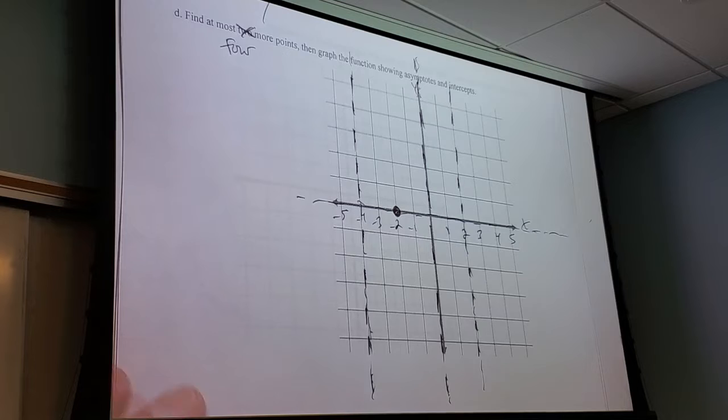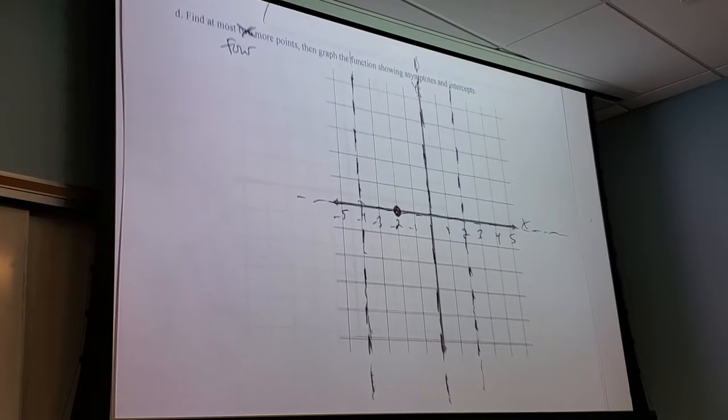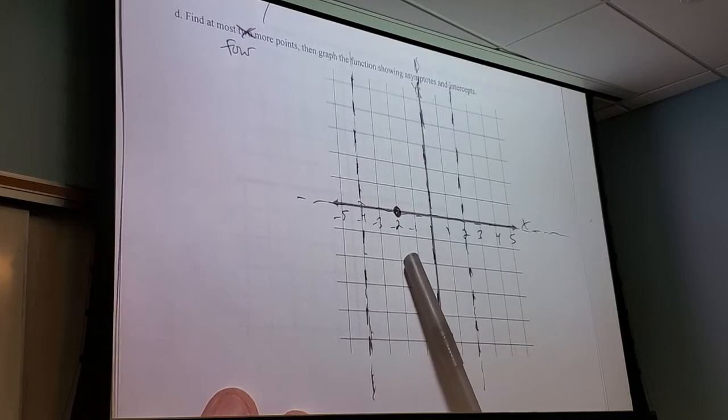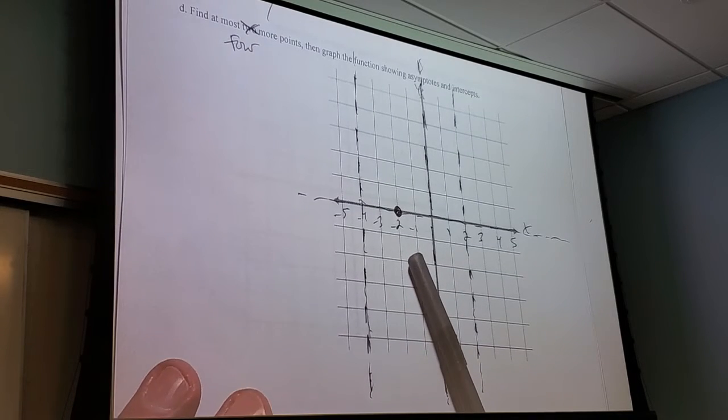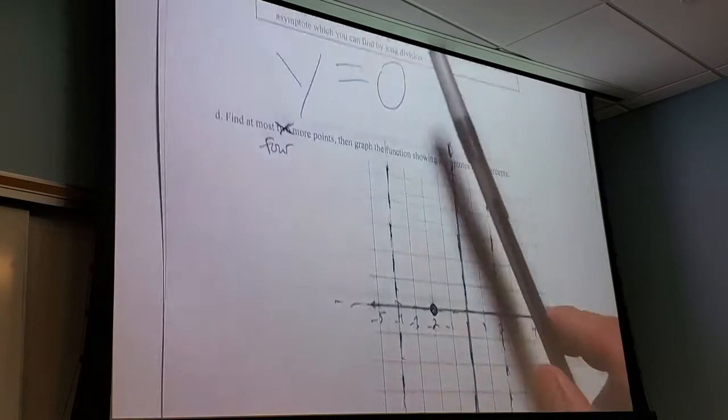That's a little better. Okay. What's it doing at -2 again? What's the function going to do there? What did we figure out? It turns.